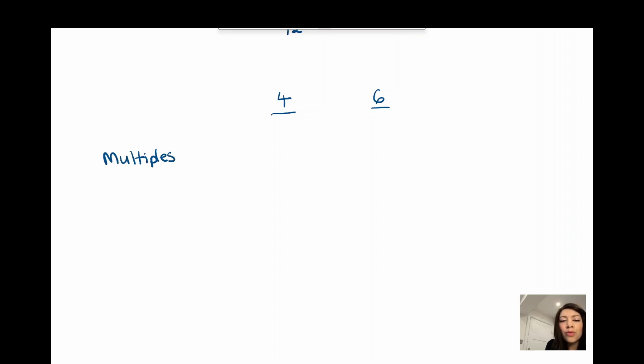So multiples of 4: 4, 8, 12, 16, 20, 24, etc. And for 6 it will be 6, 12, 18, 24, 30, 36, and we can go on.